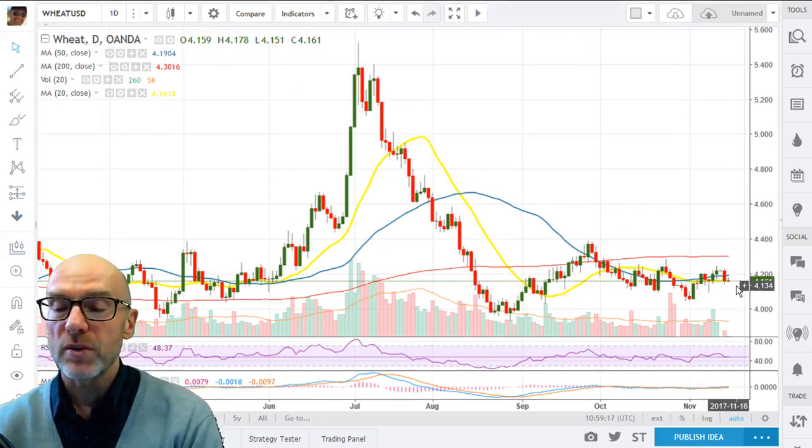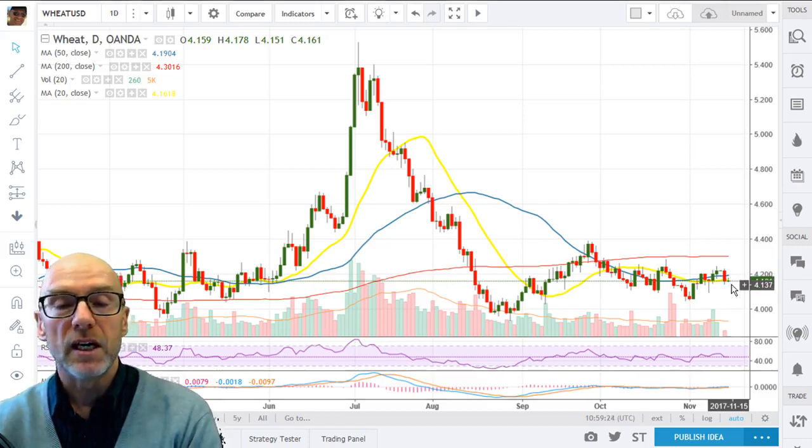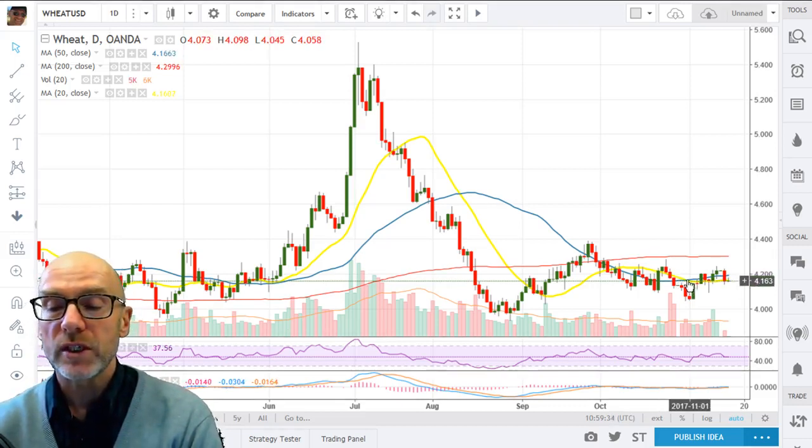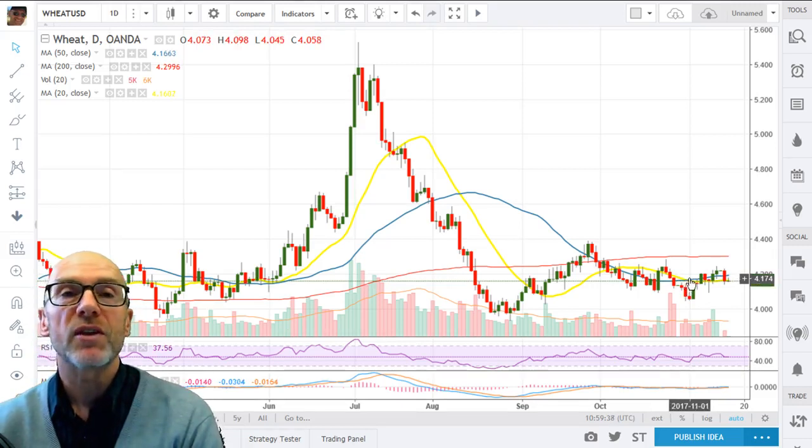Also a concern on this daily chart is that we've now moved back below both the 50 and the 20 day moving average. The 20's already started to roll down. The 50 will be rolling down shortly. When they crossed, it wasn't a bearish cross on the 1st of November because the 50 was slightly moving upwards.